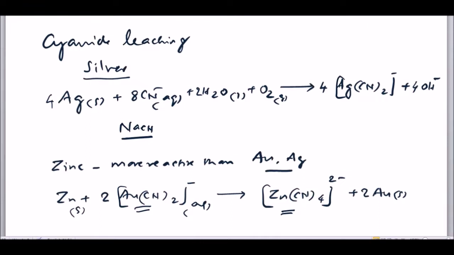Silver and gold get dissolved. Other things are not dissolved, and they remain as solid mass in the mixture itself. So this is the procedure called cyanide leaching. And we are passing on to the next one.